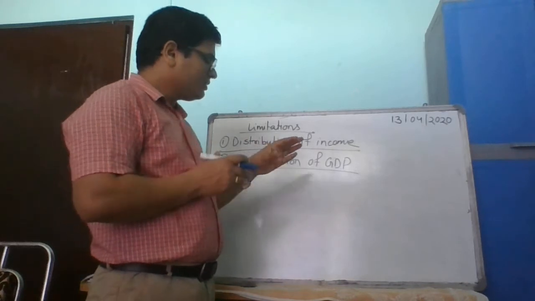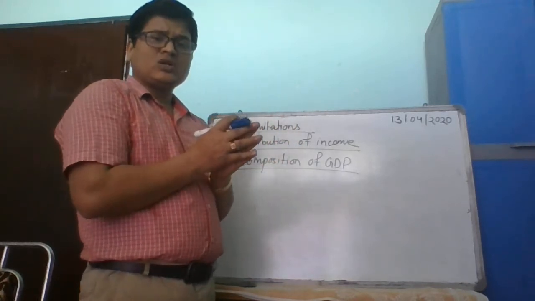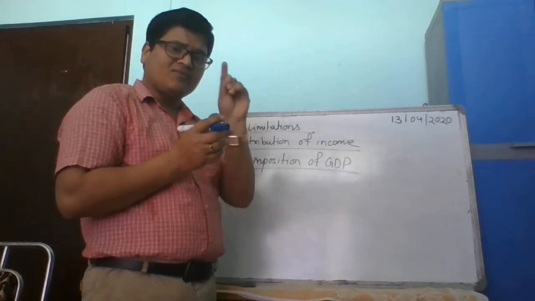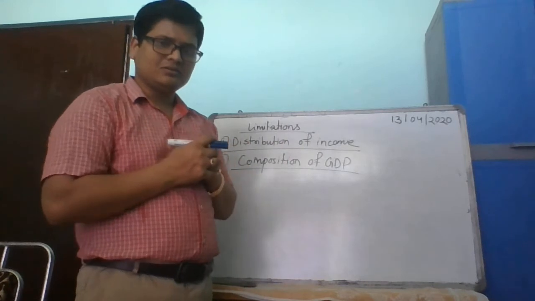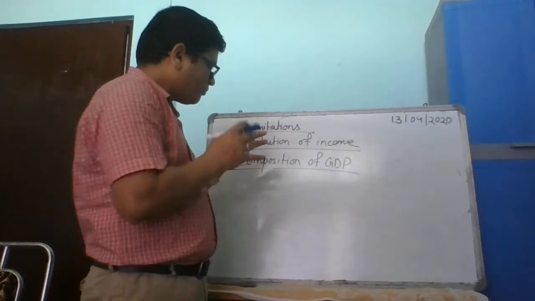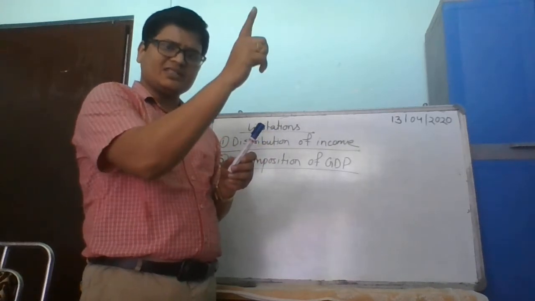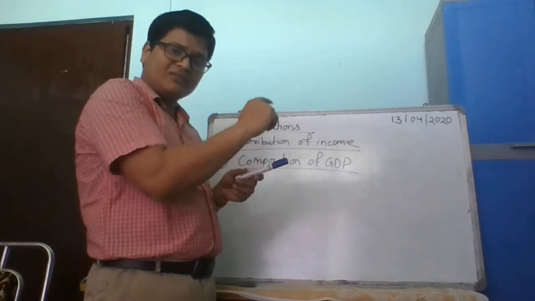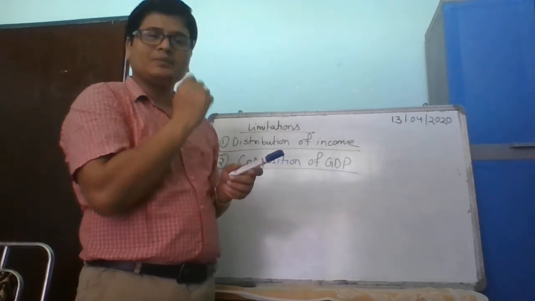If the output is of such commodities which do not bring benefit directly to the individual or society, but are very costly, then GDP increases, but the benefit does not reach each individual.